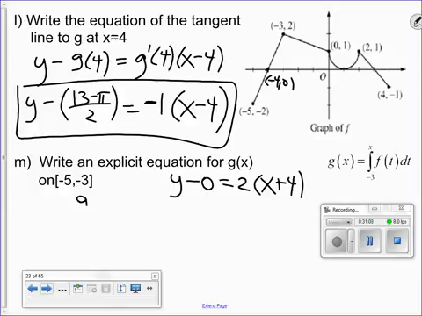So we start this by writing g prime of x equals 2x plus 8. You write an equation for g prime because that's what you're looking at. And you can only be asked to do this if it's linear. But they didn't want an equation for g prime of x. They want an equation for g of x.